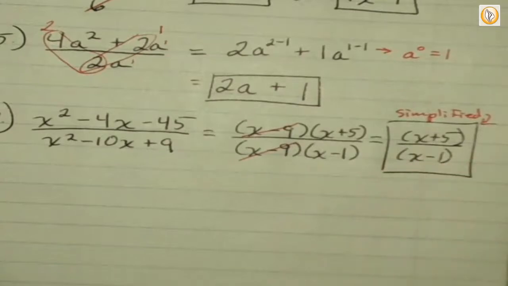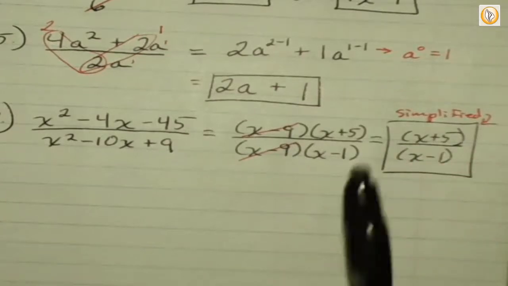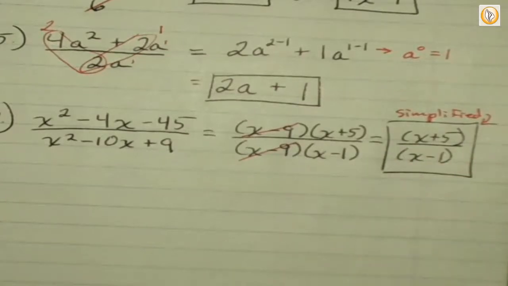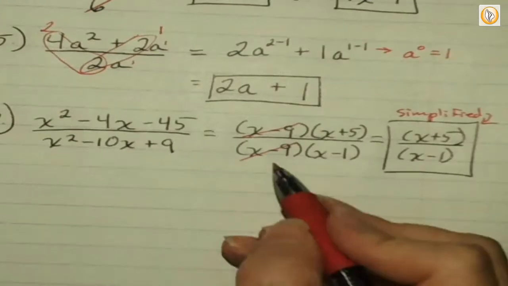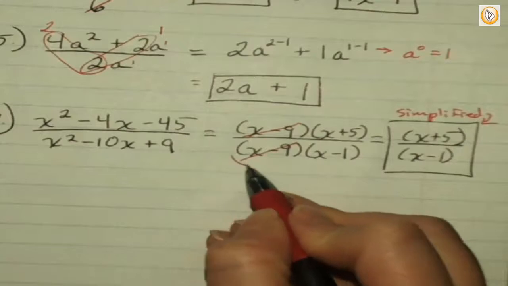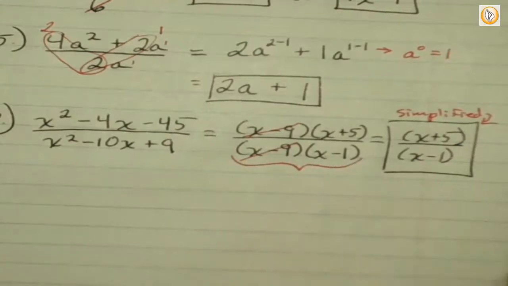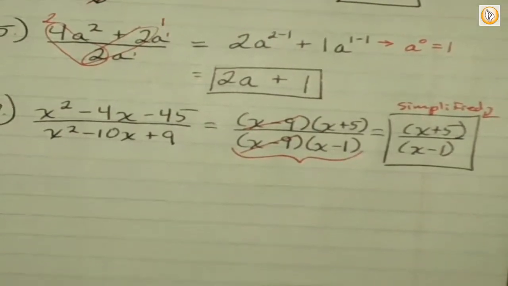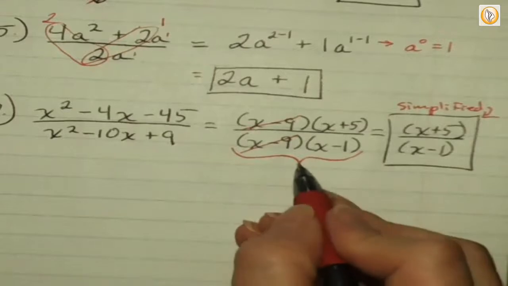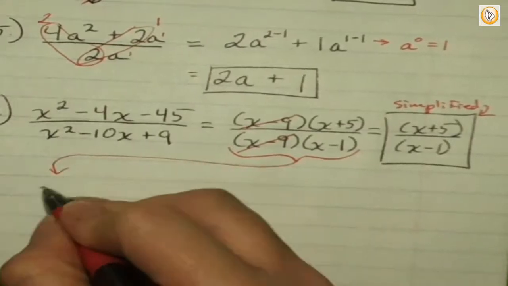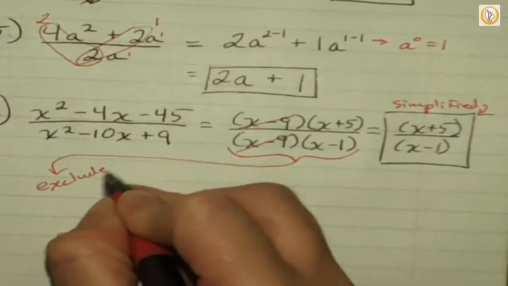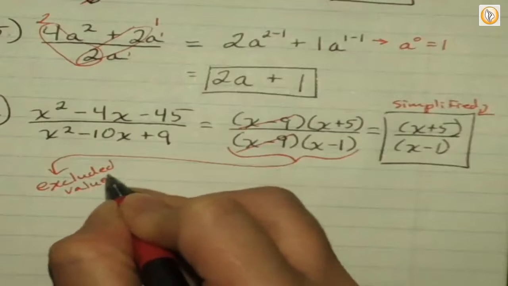So the first step was to simplify each problem. She just simplified it. Now we have to do excluded values. Take the denominator, not the simplified one. We're going to take that denominator and find the excluded values.